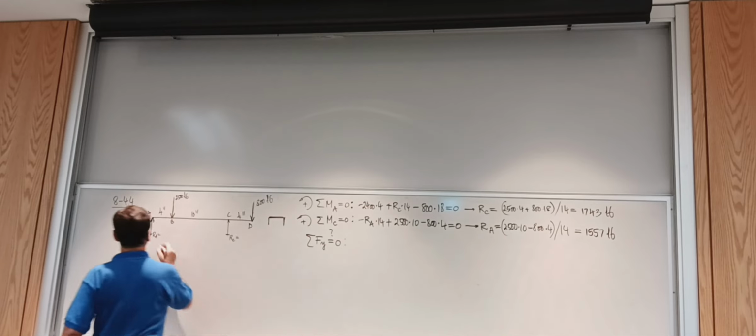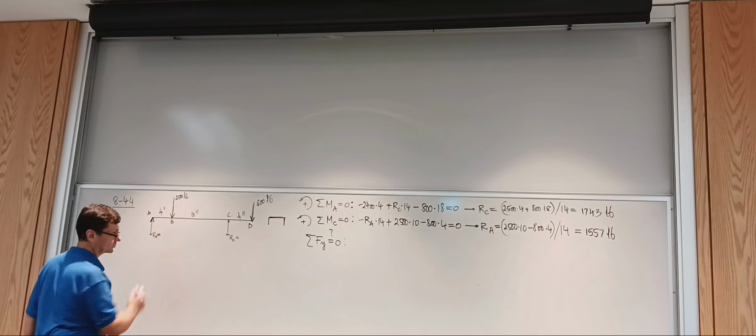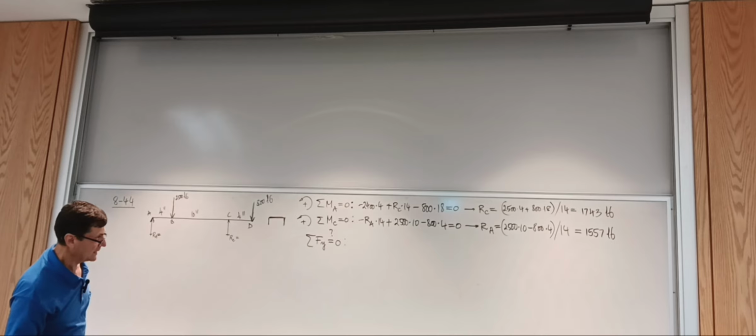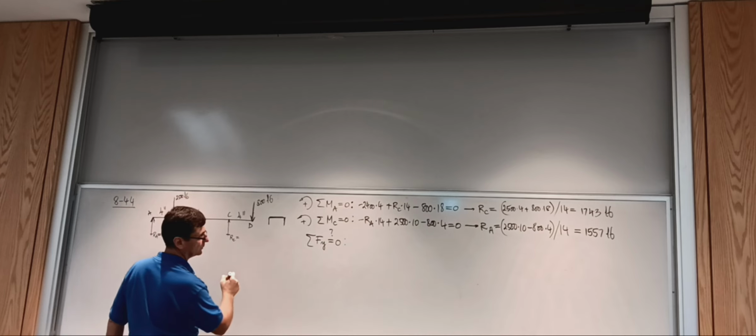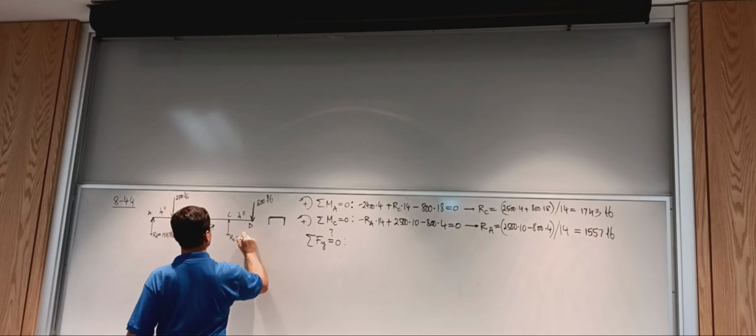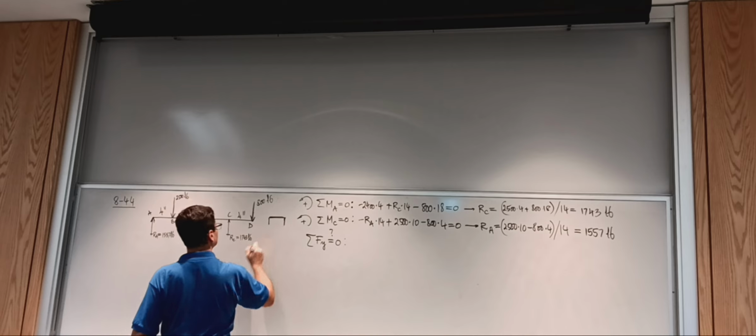So I'm going to write the magnitudes on the drawing. RA is 1,557 pounds, and the other one, RC, is 1,743 pounds.